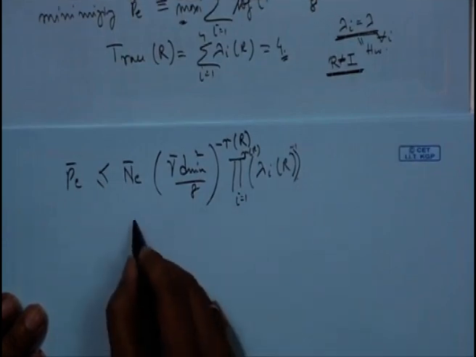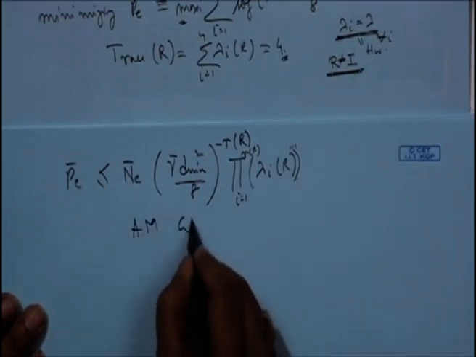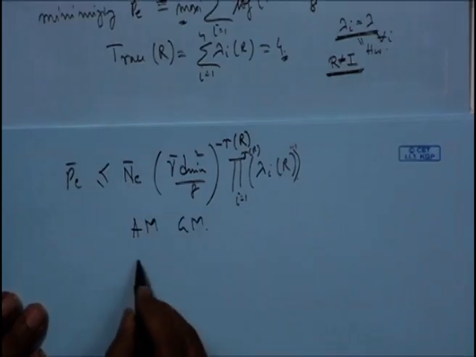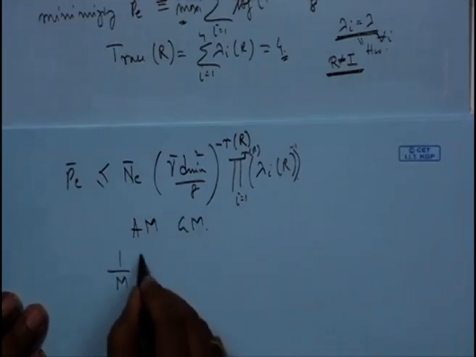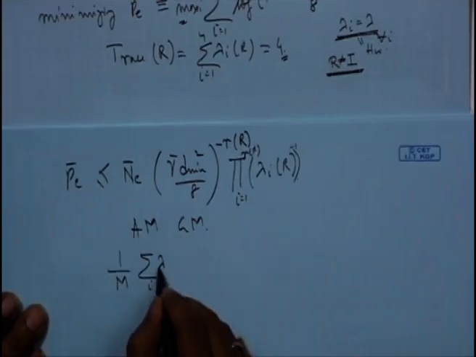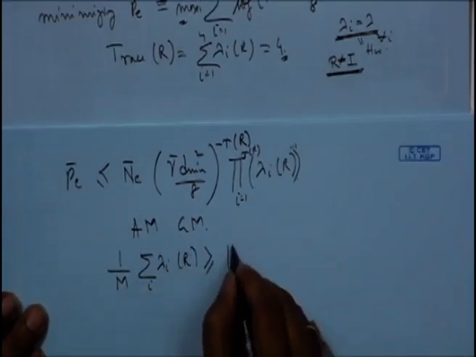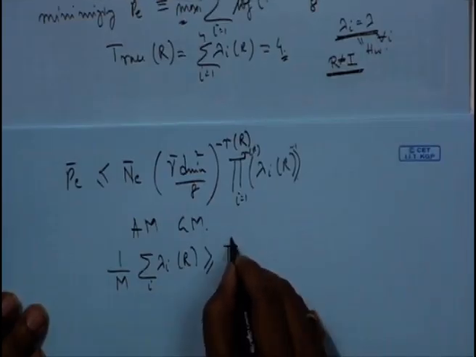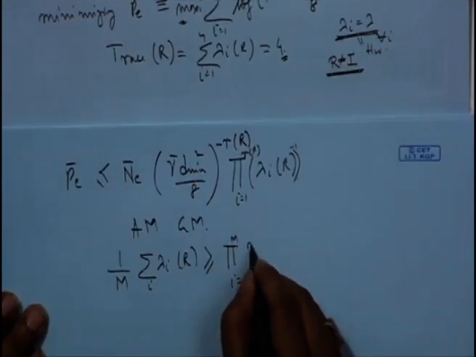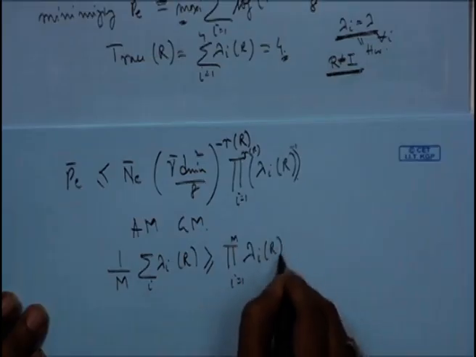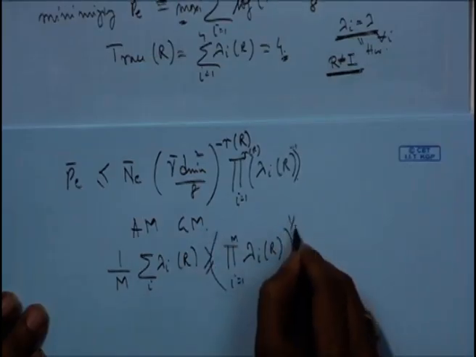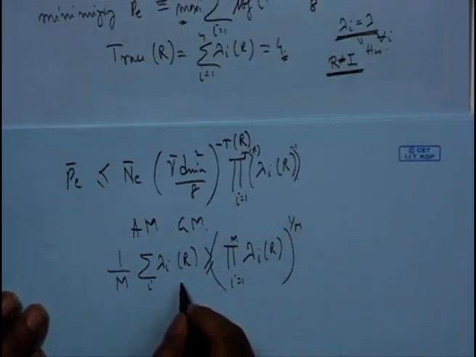So we would like to recall the arithmetic mean geometric mean inequality, from which we can say that 1 upon m sum over I lambda I of R is greater than or equal to the geometric mean, product I equals 1 to m lambda I of R raised to the power of 1 upon m. So this is the geometric mean, this is the arithmetic mean.